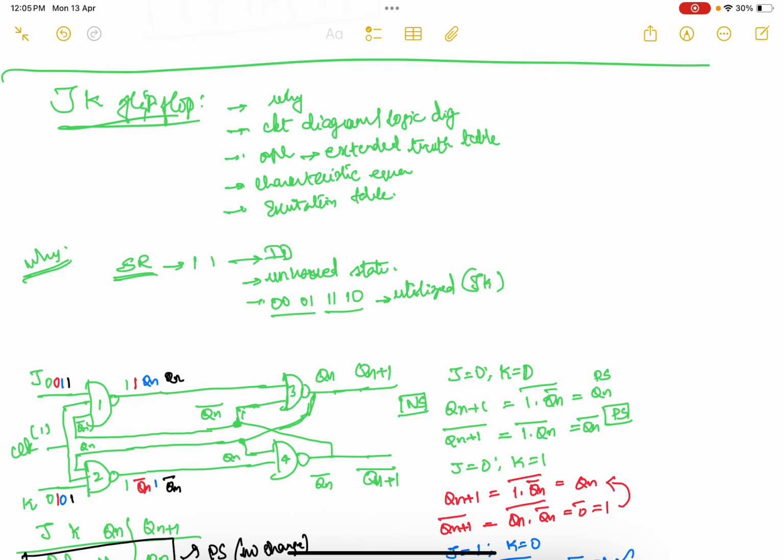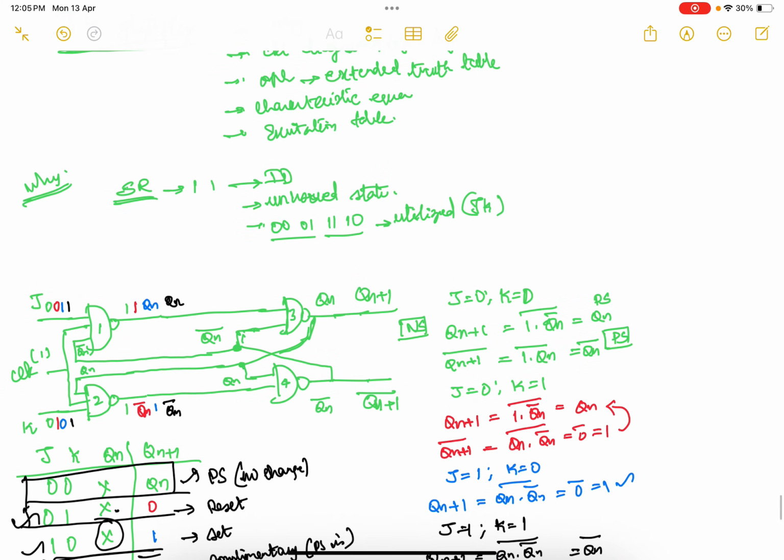When you see the circuit diagram of this JK flip-flop, it is an extension of the SR flip-flop. The only change we make is, instead of connecting only the feedback of Qn to the third gate and Qn bar to the fourth gate, we connect Qn bar to both gate number 1 and 3.